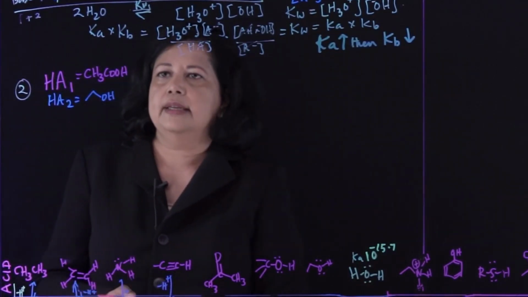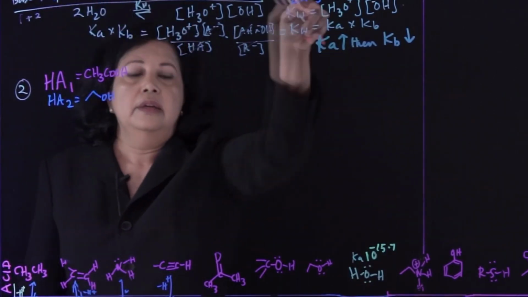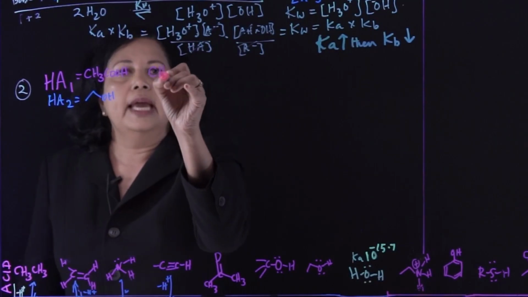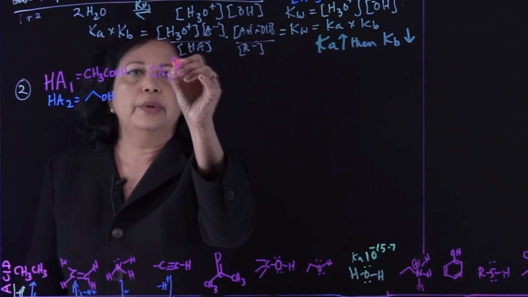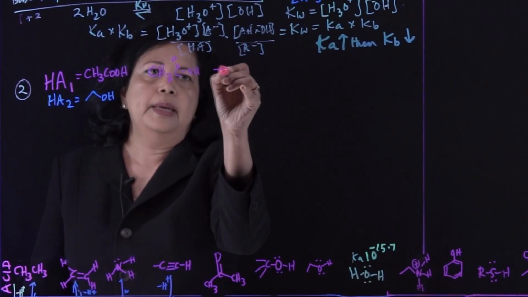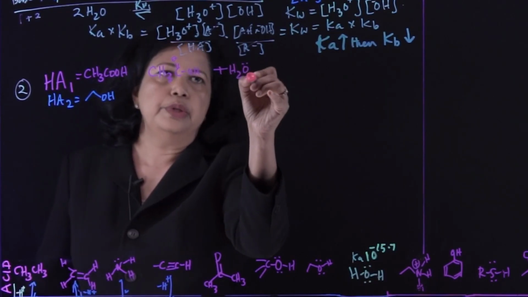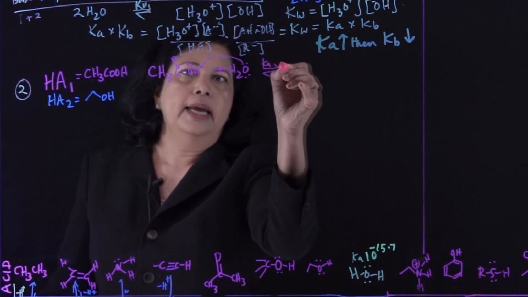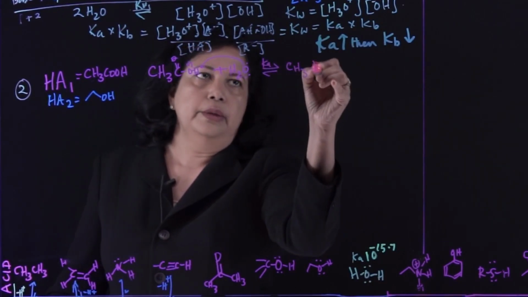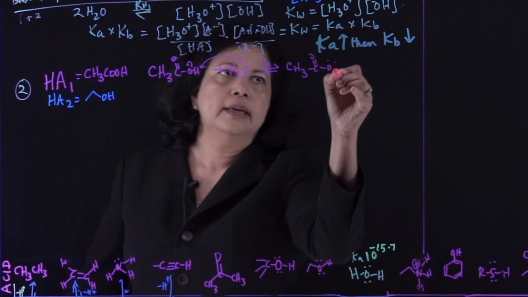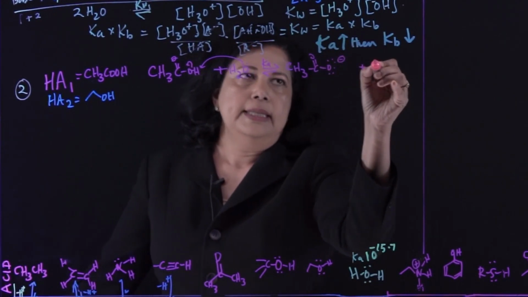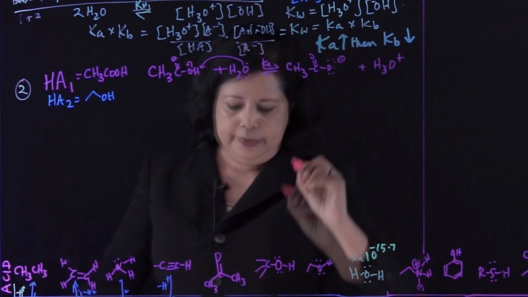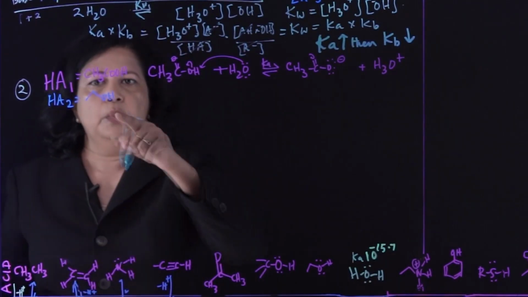So if I write the dissociation reaction for that, CH3COOH plus H2O. H2O is just going to pick up that proton. That's all that it does. And that is going to give you CH3COO minus plus H3O plus.